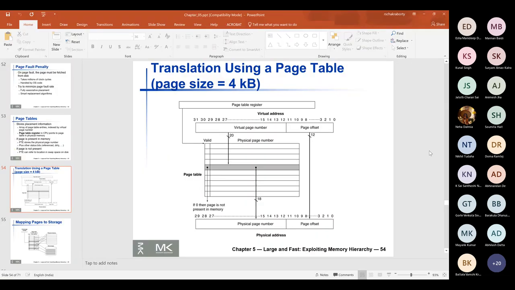Are you there? Yes, sir. Okay, how many rows are there in the page table? The virtual page number is the index of this page table. So how many rows are there? 2 power 20. Right. So about 1 million rows are there in this page table.